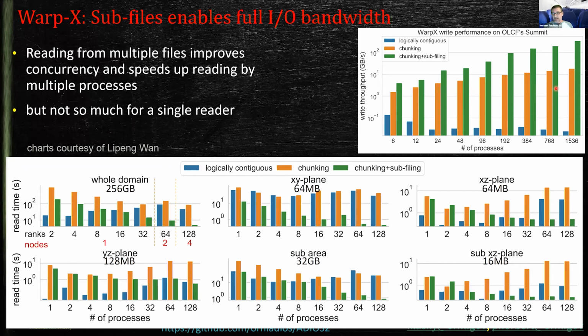So in this case, orange is what you can do with HDF5 chunking. It cannot go further because it's still writing a single file, but it's much better than logically contiguous. So this is your option 1. Option B is to use ADIOS, and then the subfiling and aggregation gives you better scalability.